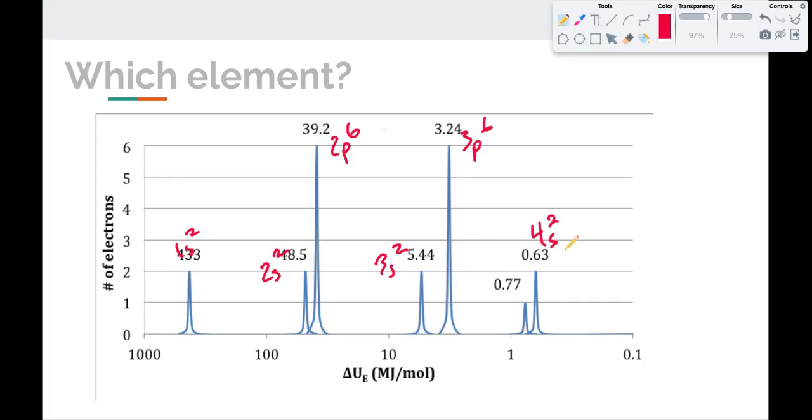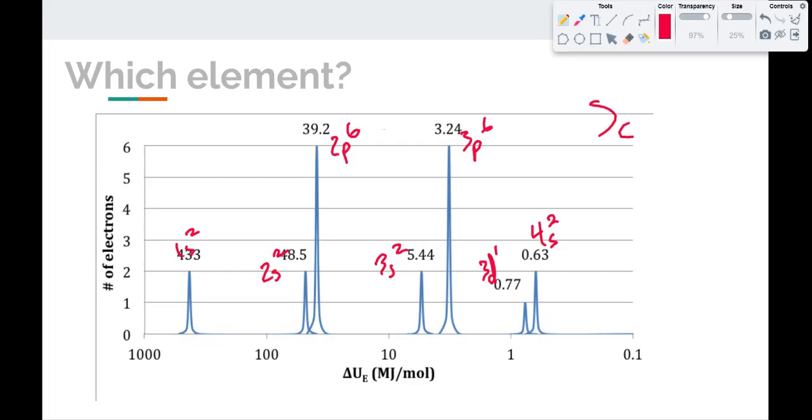Its population is 2. What's this one in here? It's a little bit closer. That's the 3D. And its population is 1, because it's only half as tall as, say, the 1s2 and the 2s2 and the 3s2. So this is row 4 and 1 into the 3D block, which makes this element scandium.